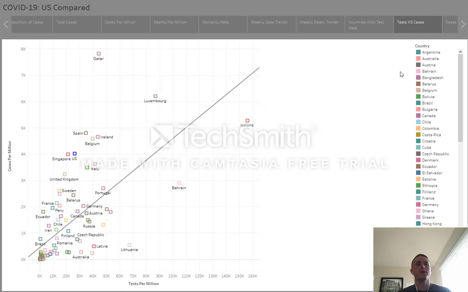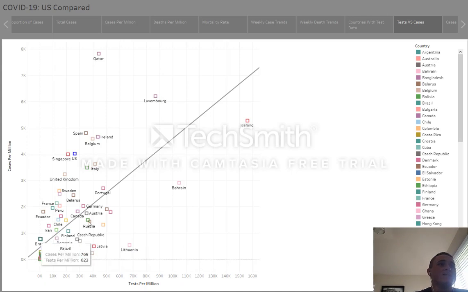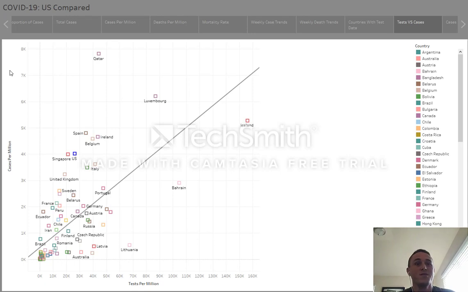All right, so here I want to check out some trends between the cases that we're finding and the number of tests being conducted. So based upon our trend line here, the more testing you're doing, the more cases there are being confirmed. So does that mean more cases equals more people are being tested, or more tests mean more people are being confirmed?